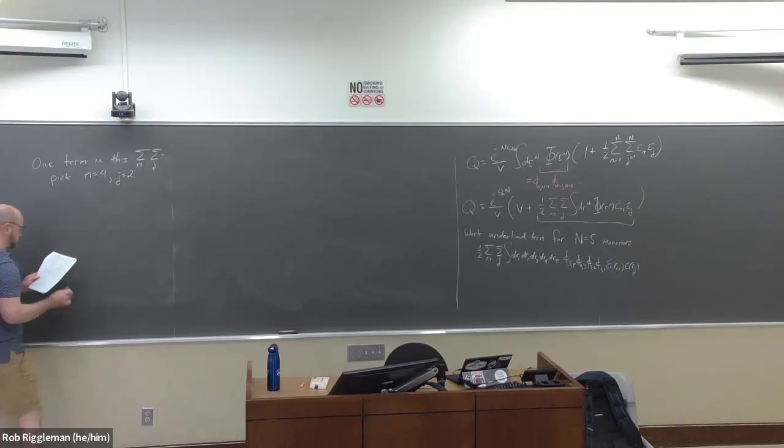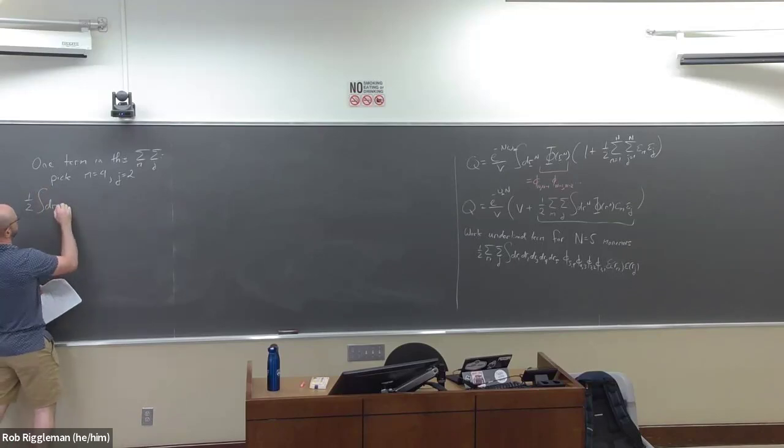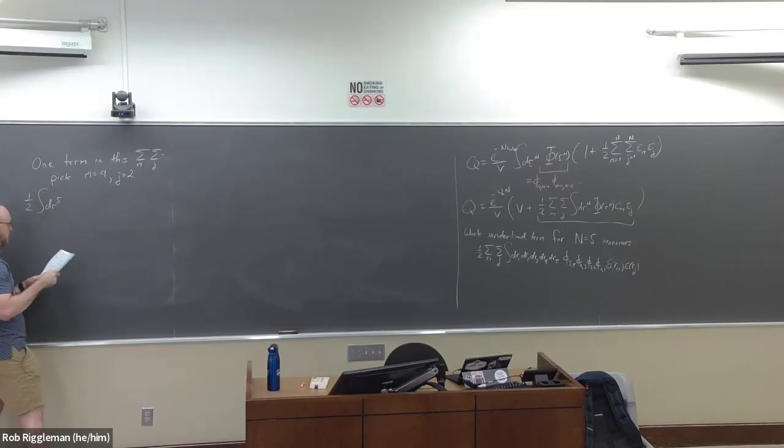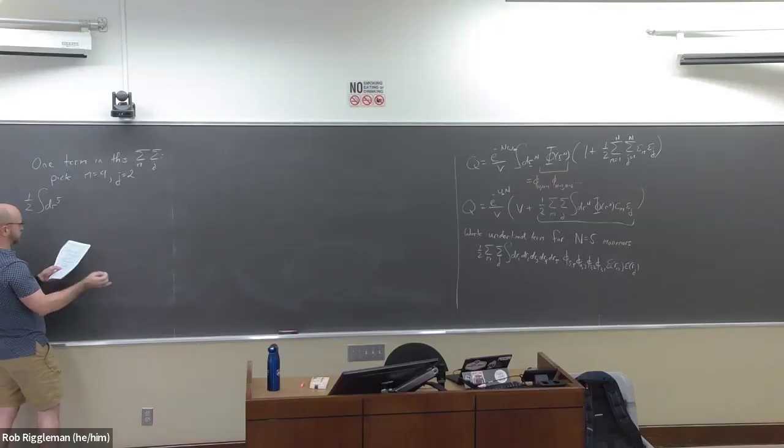Okay, so once we pick that term, then what we have is 1/2 integral dr. Just going to write it as dr to the 5th for now. And I'm going to order all of the terms that we have.